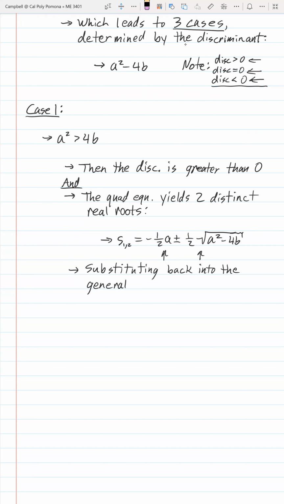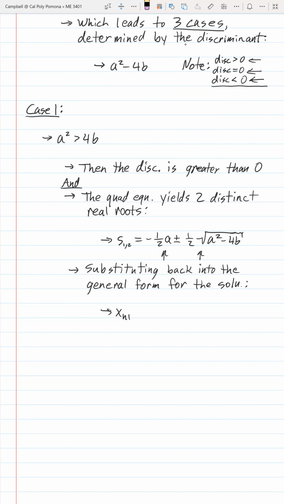So remember, we had an assumed form for the solution. So let's first substitute those back into the assumed form for the solution. And here I'll just shorten down solution. And so remember, we're dealing with the homogeneous case. This is going to be important because when we start talking about non-homogeneous cases, we're going to have to make the solution space a little bit more complicated, a little bit more complex.